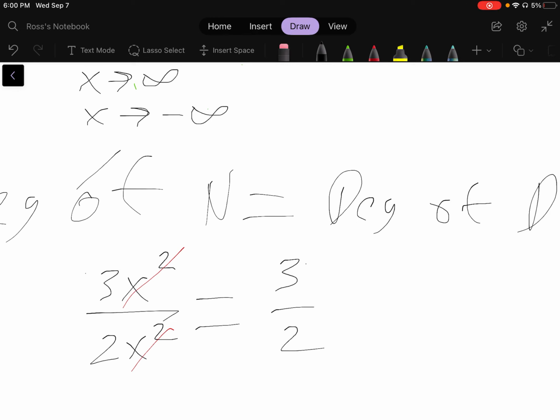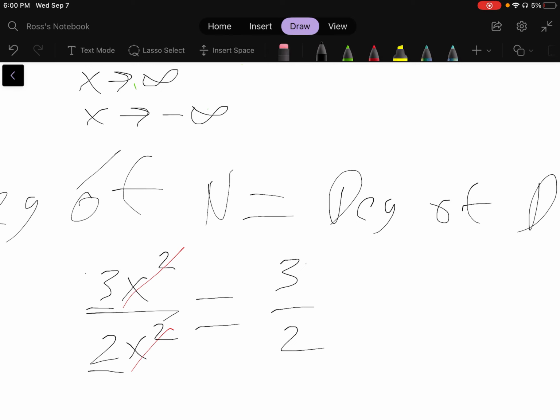So as x gets increasingly big, the only difference between the numerator and the denominator is their coefficients, right? Also a vocab word: leading coefficient, the coefficient at the highest degree, okay? 3 over 2.